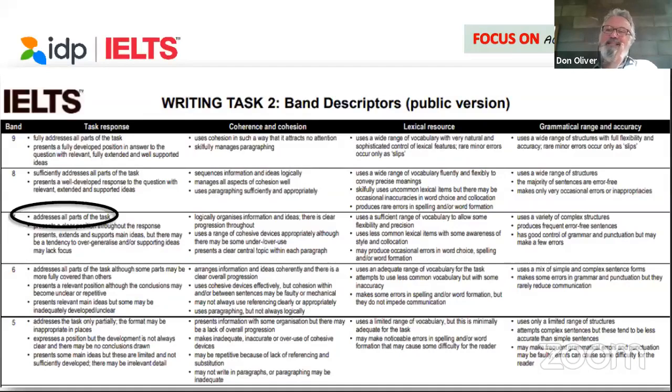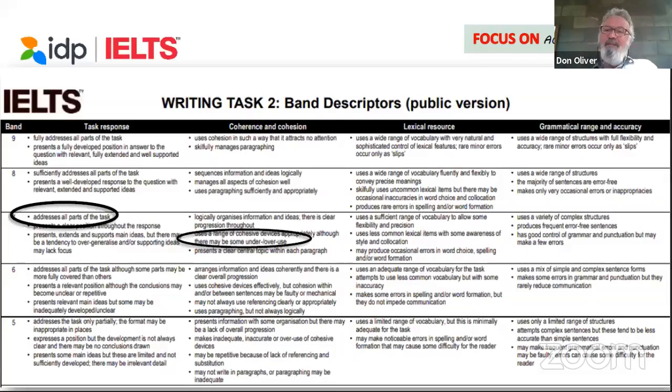We already said that you have to address all parts of the task. And you can see there at band 7, that is something that you must do in order to get a band 7, 8, or 9. And a band 6 for that matter. But if you don't address the task, you won't get more than a band 5, maybe a band 4.